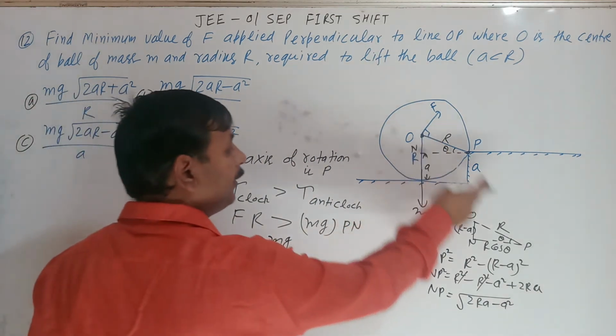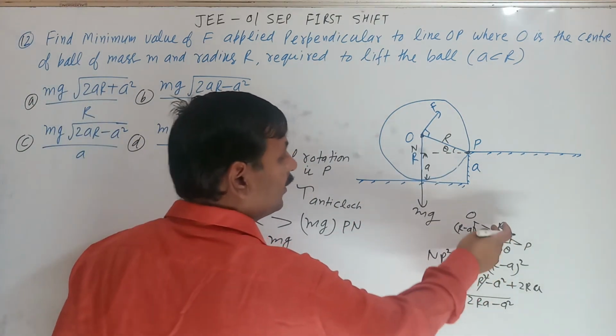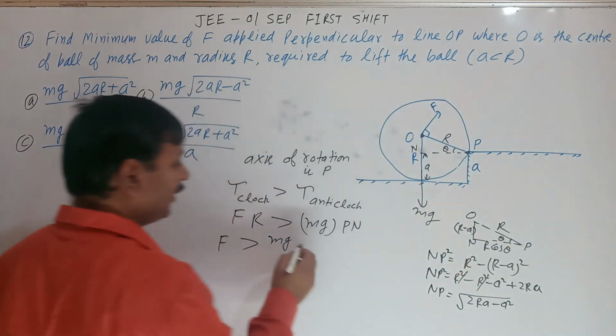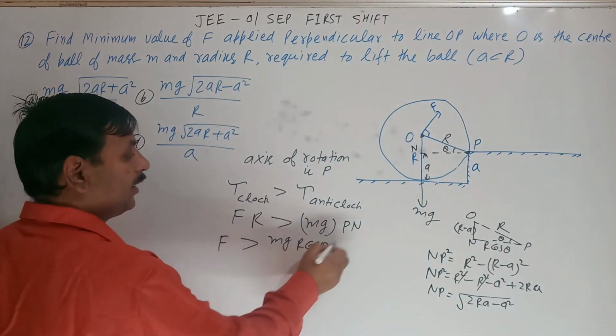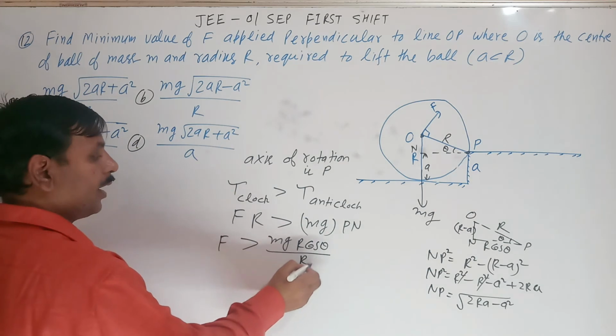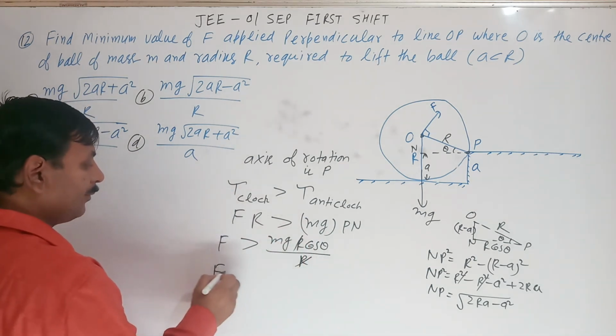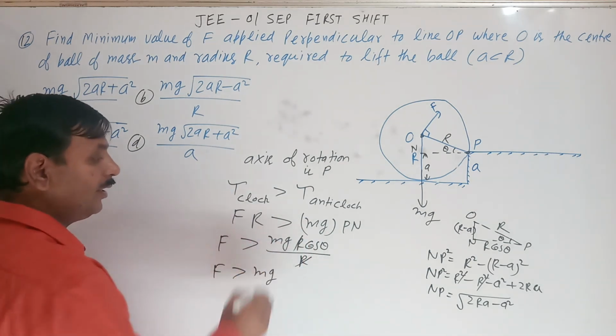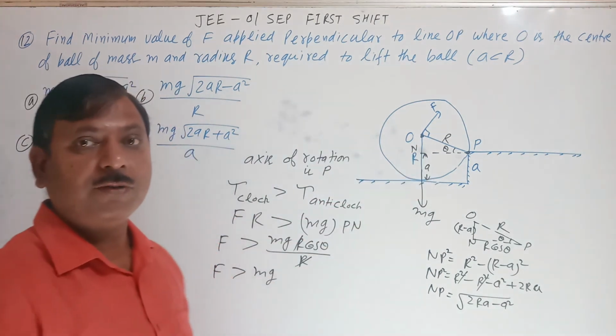So here we can see F greater than mg. What is PN? PN I have told you that becomes r cos theta. So r cos theta, that is PN upon r. So r cancel. F should be greater than mg cos theta. So what will be the value of cos theta?